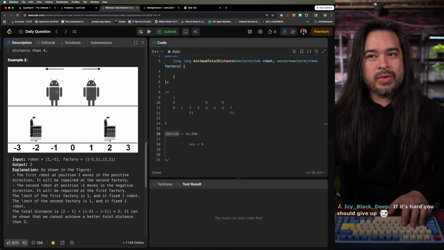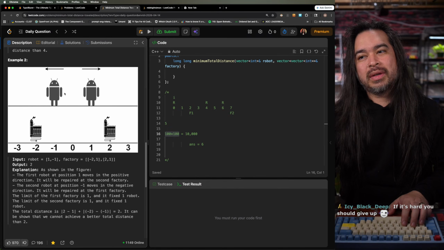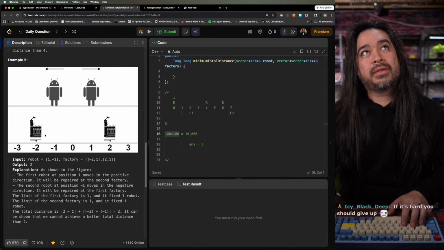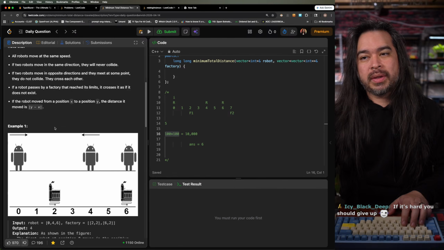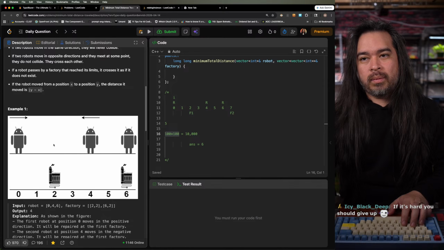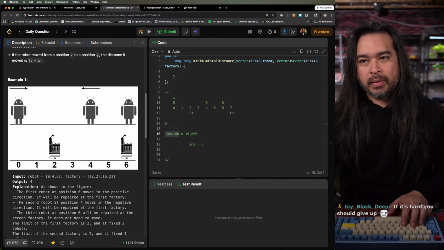Do you think I choose left or right for every robot? And then how do I keep track of the limits though?